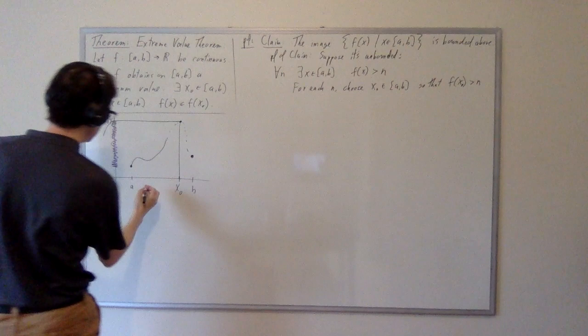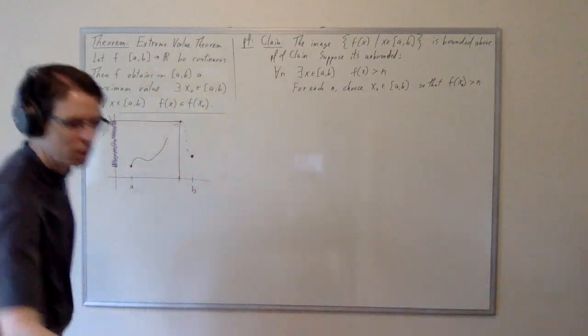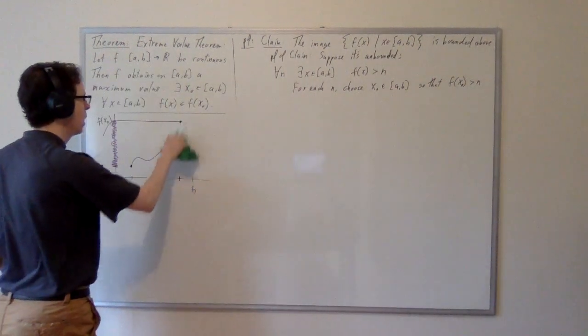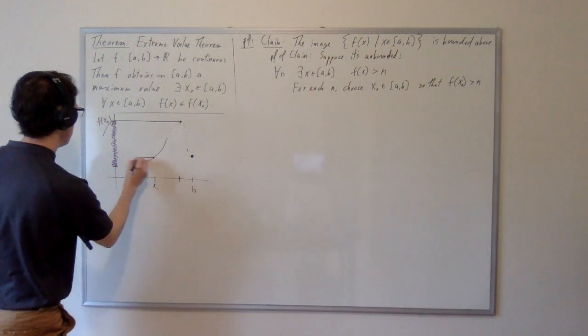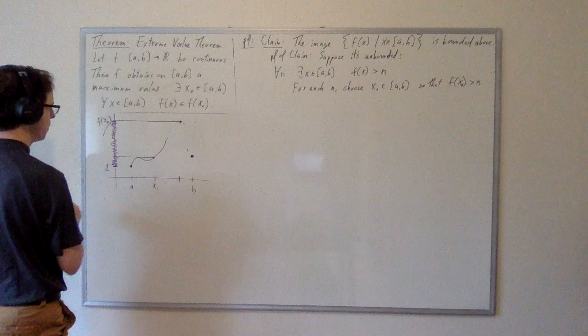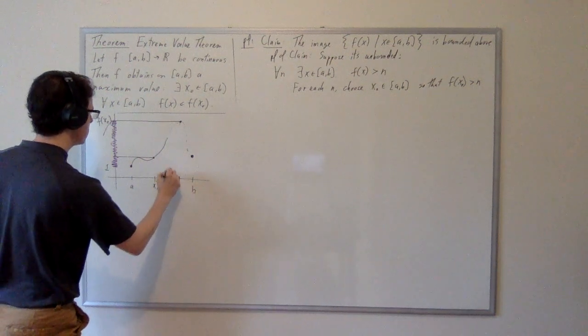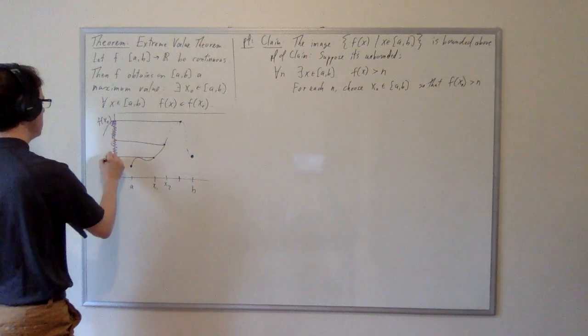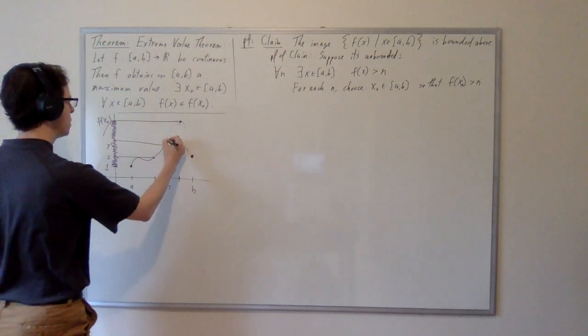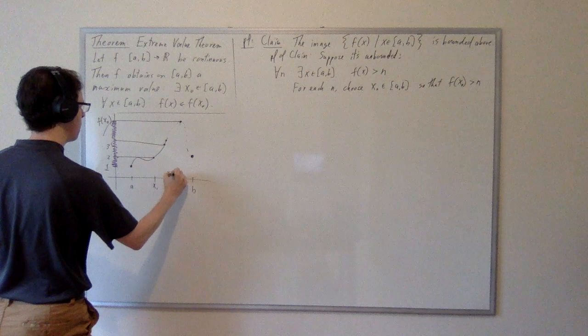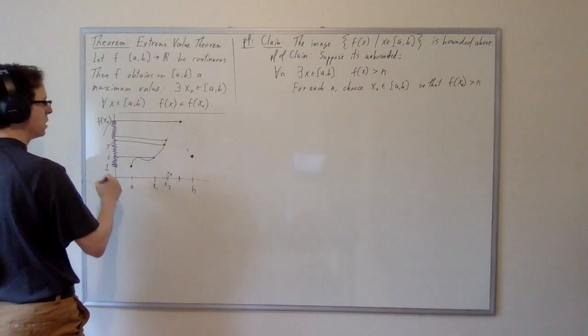Basically, I'm going to choose, let's get rid of x naught here, x1 so that the value here exceeds 1. And then I'm going to choose x2 so that the value here exceeds 2. And then if 3 is here, I'm going to choose x3 so that the value there exceeds 3.